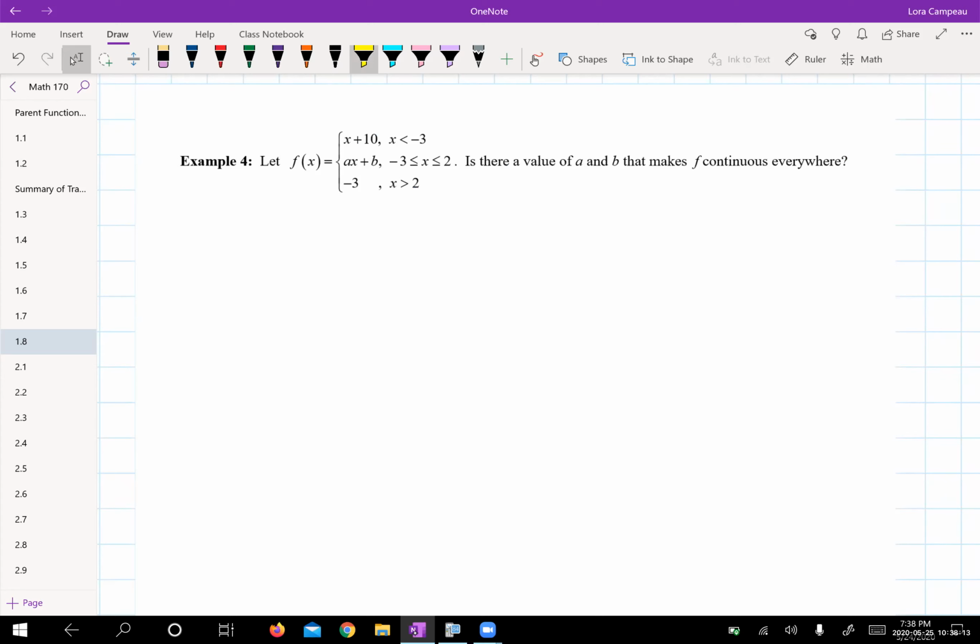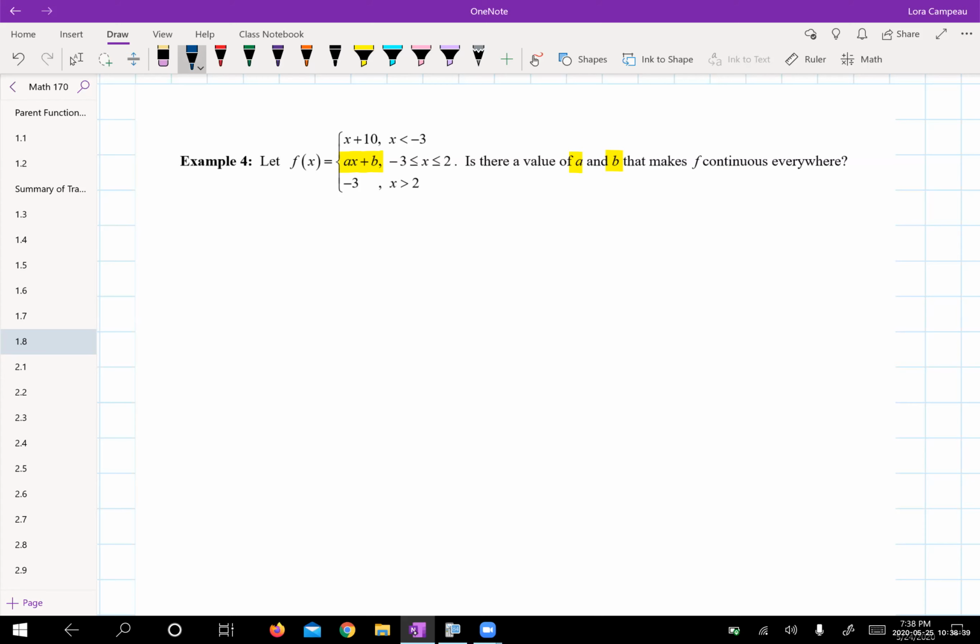Look at this part. They're asking, is there a value of a and b that make the function continuous everywhere? What they're trying to refer to is, would we be able to find a line that passes through the two holes in the function?